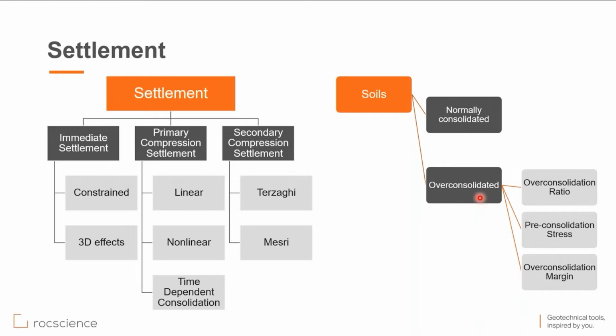The over-consolidated soils may be defined by the over-consolidation ratio, the pre-consolidation stress, or an over-consolidation margin, which is the difference between the pre-consolidation stress and the effective overburden pressure. These three types give you suitable ways to define your over-consolidation.